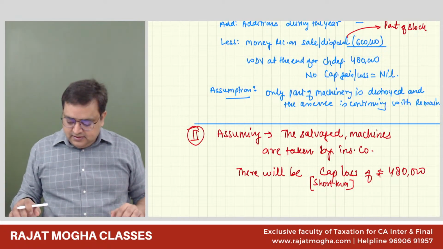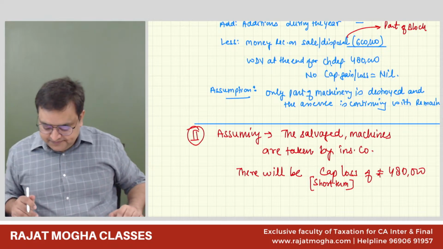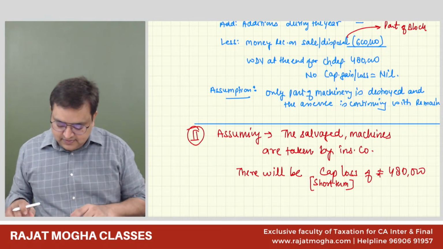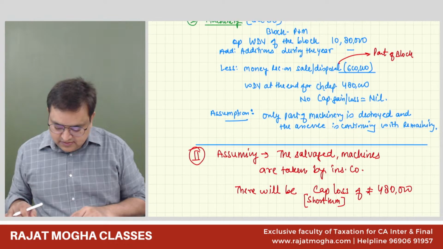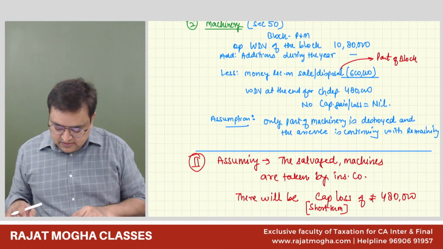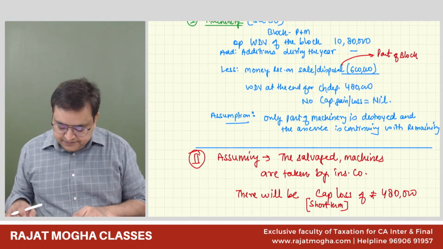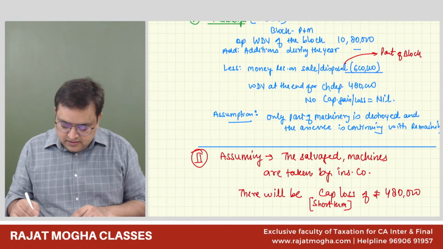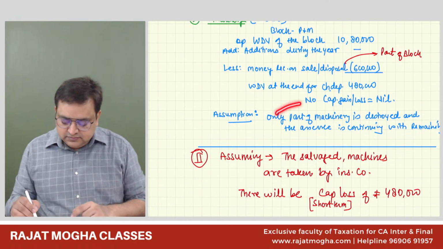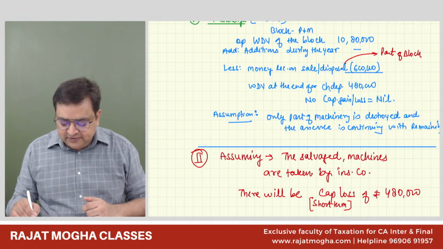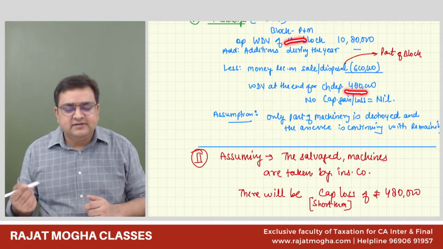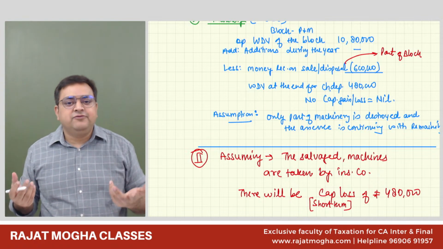Sir, I have a question. Yes, please. In the first alternative, if we take the written down value as 4,80,000, it will be subject to depreciation, right? So we should add that with the PGBP. Like depreciation will be an allowable expense. Yes, it would be an allowable expense. So in that case, let's say the rate of plant and machinery is generally 15%.